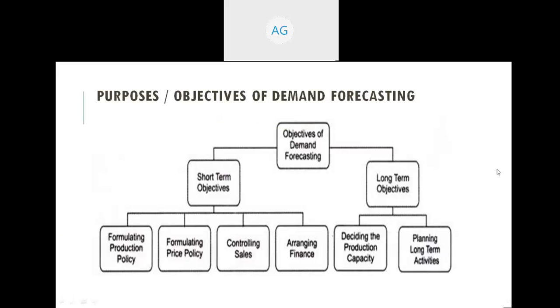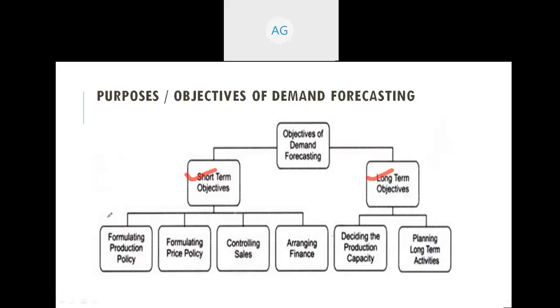So the objectives of demand forecasting are categorized into two forms. First is the short-term objectives, and the second is the long-term objectives. The short-term objectives are further divided into 4 categories.